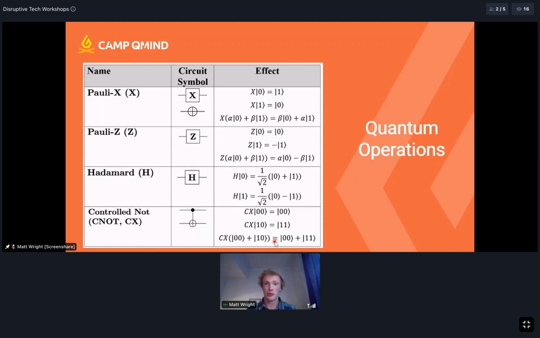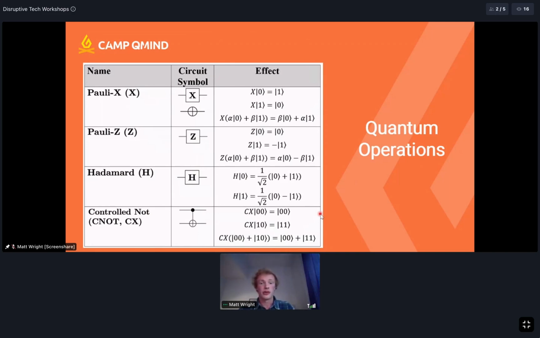Really, these are just some operators, and I cover them pretty quick, but there are some that you'll probably see in the next workshops, especially this Hadamard, Z and X gate. We'll dive into them in more detail in the primer, and feel free to ask any questions if you ever need to.